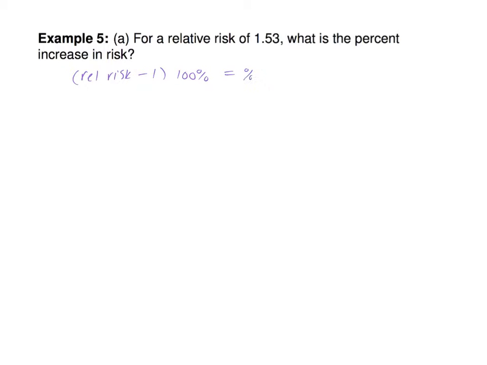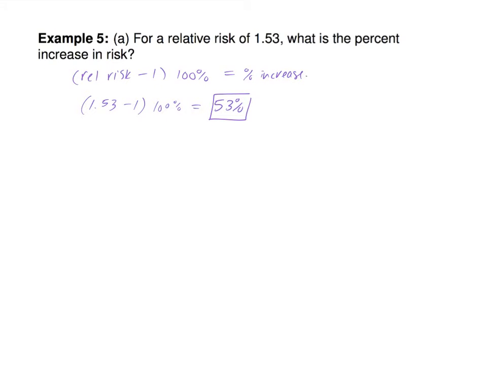I think you're told all the information you have to know. 1.53 minus 1 times 100%, which is 53%. There is an easy relationship there, isn't there? It's like 153%, so the difference is the 53.